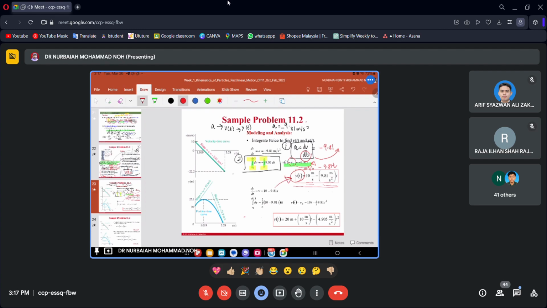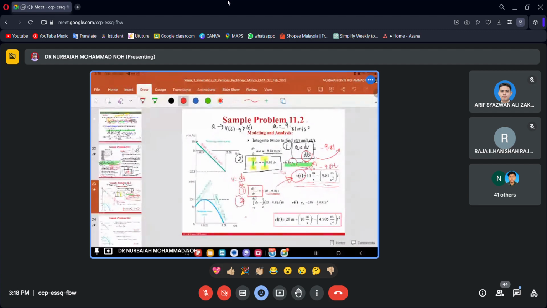Now we need to call the related kinematic relationship to derive y(t), which is v equal to dy over dt. Based on the result here, we have v equal to 10 minus 9.81t. So this is the first step.